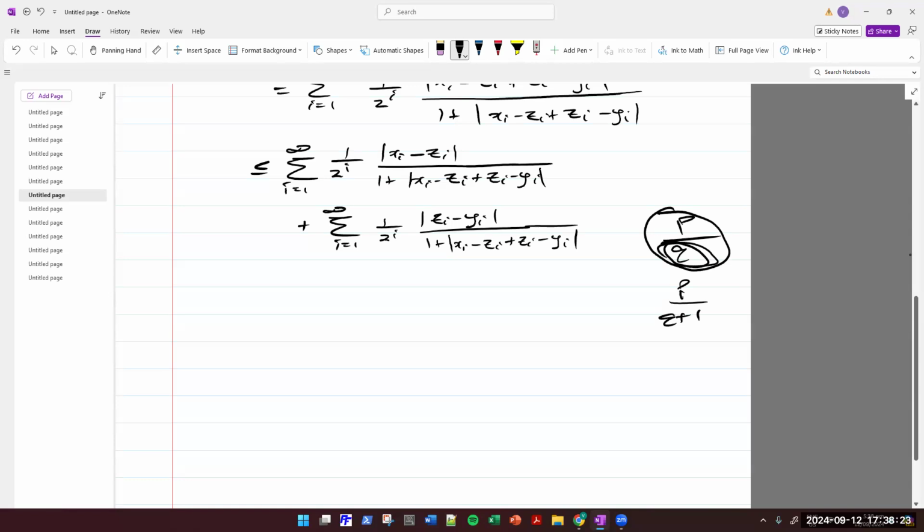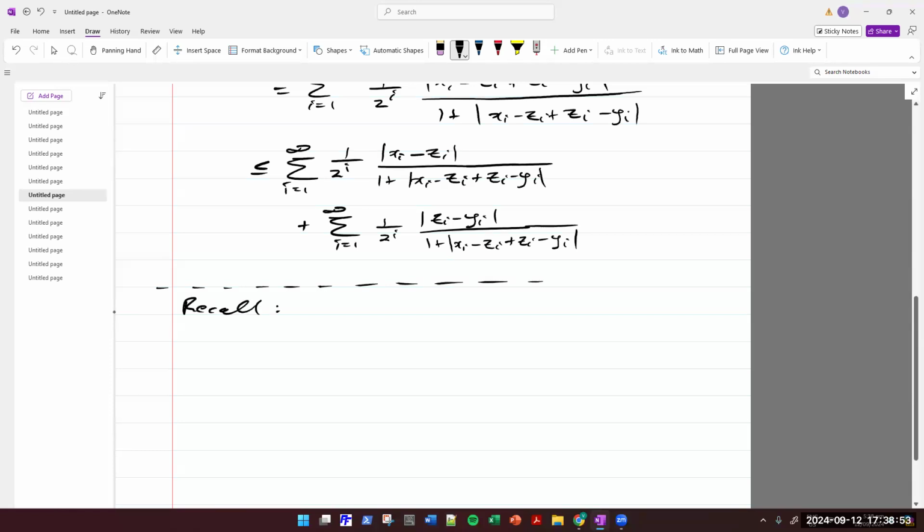The bigger fraction is the one with the smaller denominator. So I could bound this term by something bigger if I could throw away things from that denominator. The technical way to write all of that is this one: we can write it like a plus b divided by 1 plus a plus b.